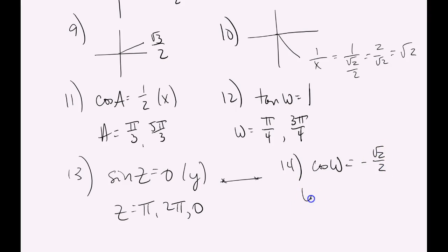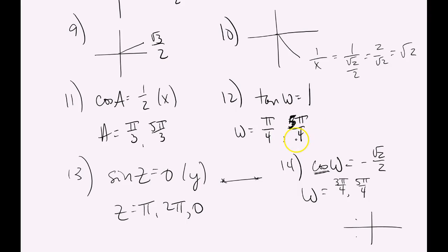Okay, so W would be what? Let's see. That's an x value of that. So my x's are negative over here. So it would be 3 pi over 4 and 5 pi over 4. You know what? That just made me realize that I messed up right here. This should have been a 5.